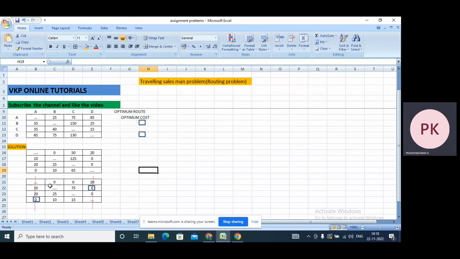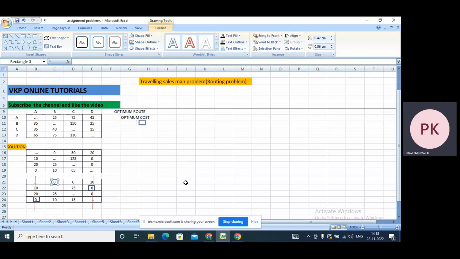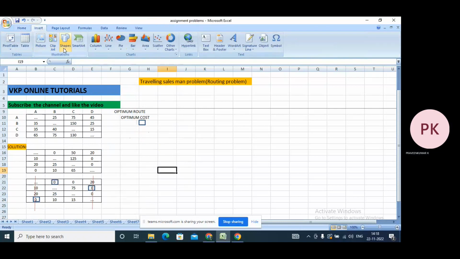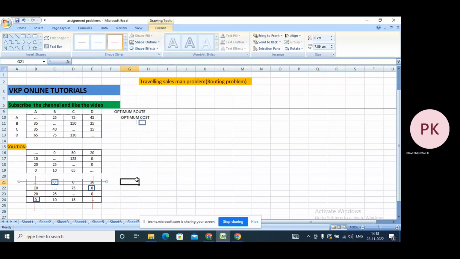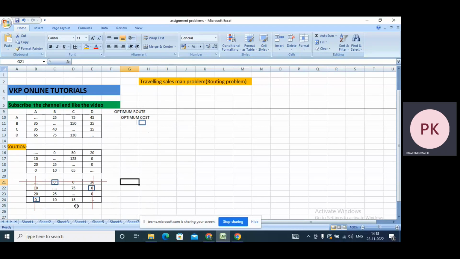Next, go column-wise. This is my first column. I have a single 0. Allocate this 0 and cancel the corresponding row. This is my corresponding row for this column. Now go to the third column. We don't have 0.